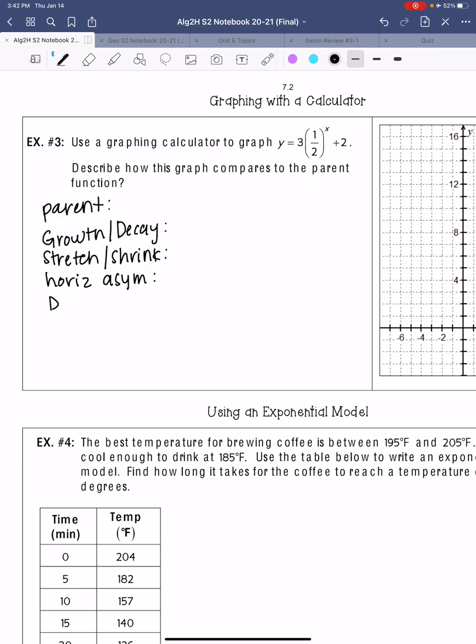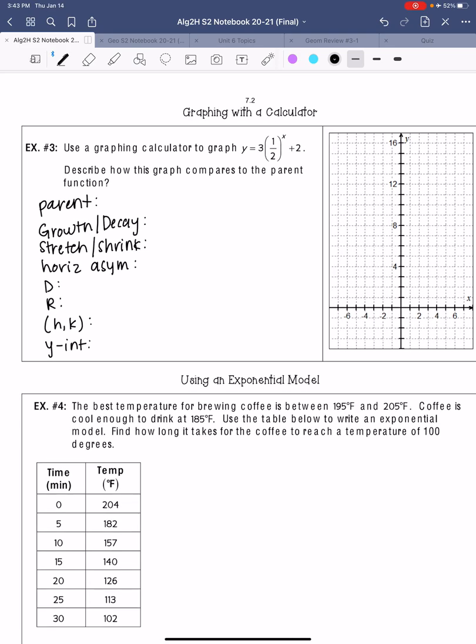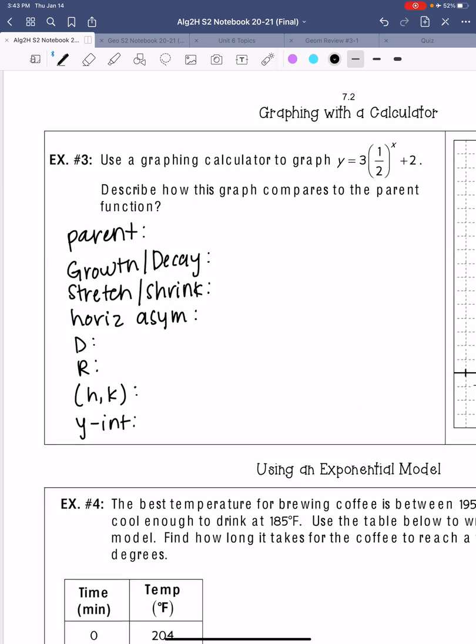What is our domain? What is our range? What is my h, k value? And what's my y-intercept? So we are able to answer all of these things without a graphing calculator. Definitely don't need that. All right, so let's start answering these questions.